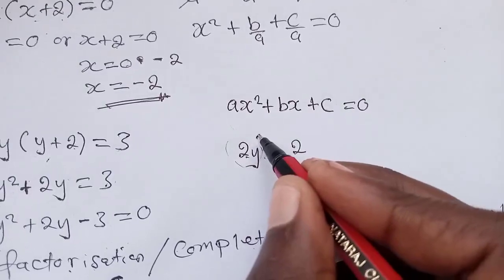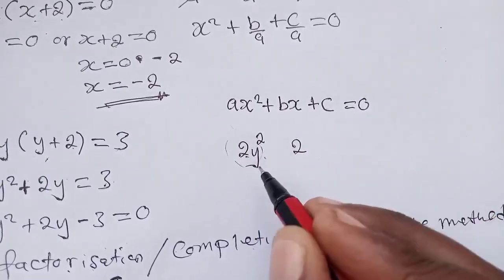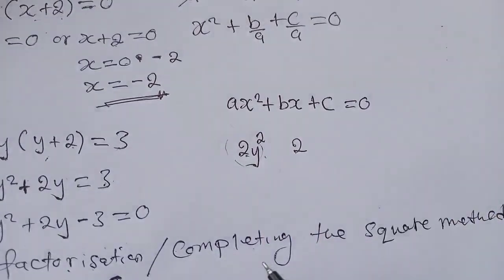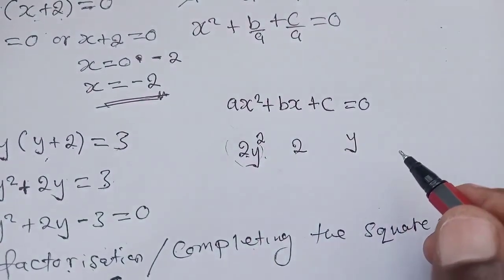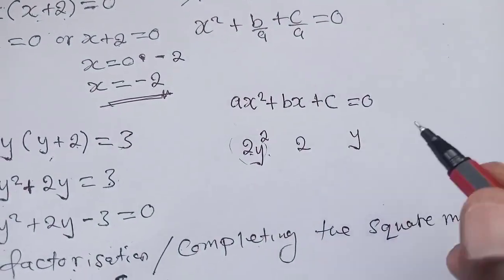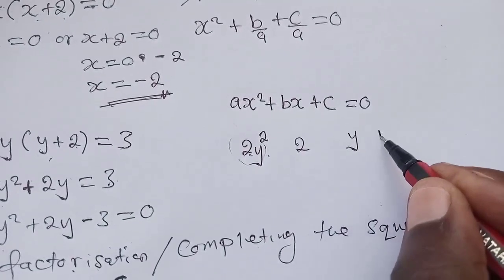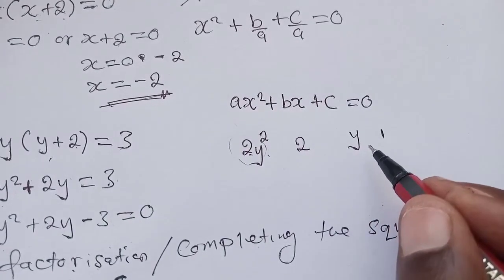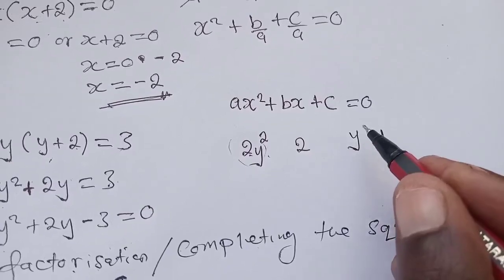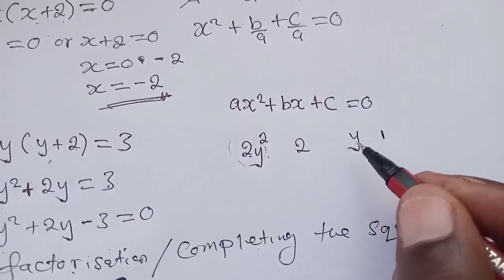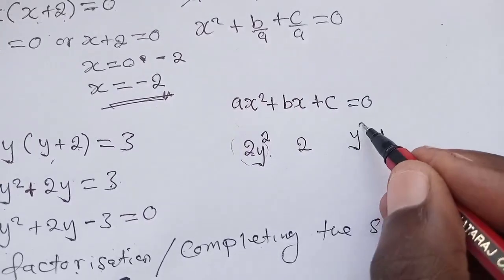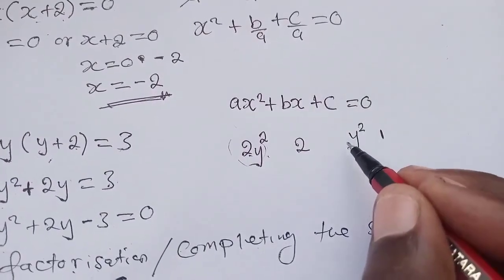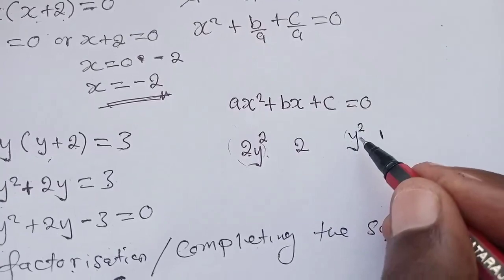Even if it is squared or cubed, the coefficient is 2. What is the coefficient of y? It is 1. You can't write 1y, but when you just see a letter, just know that it is 1. So the coefficient of y squared is just 1.